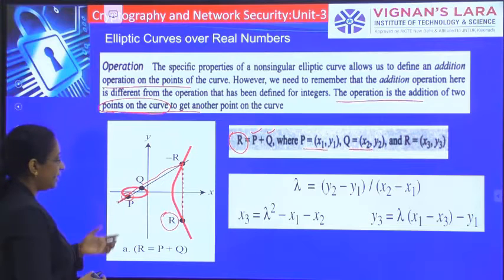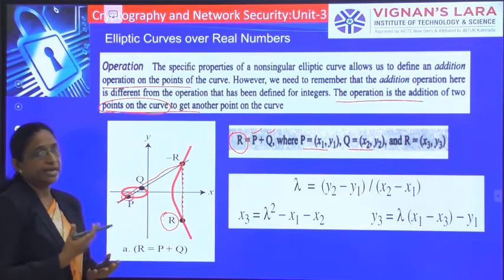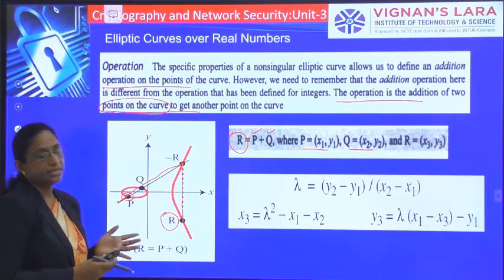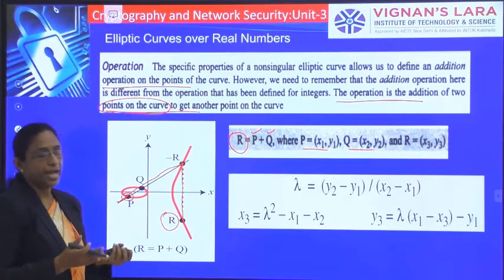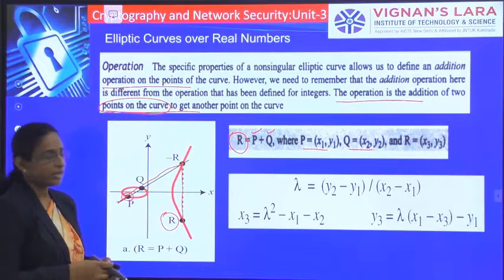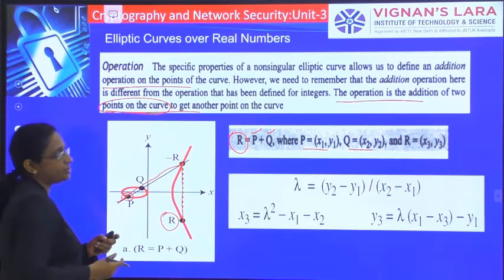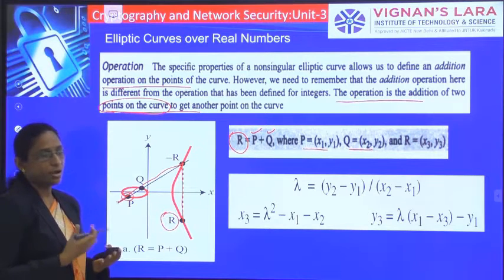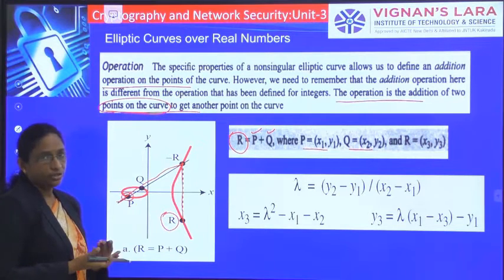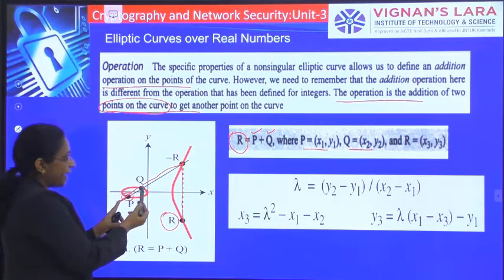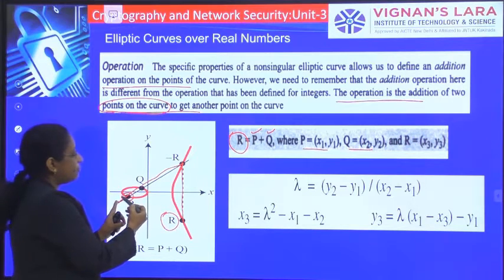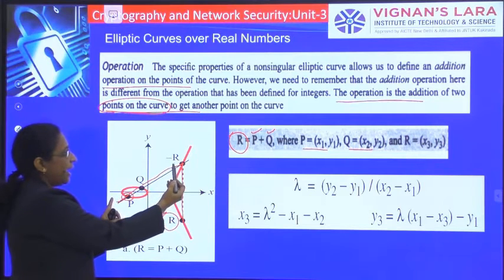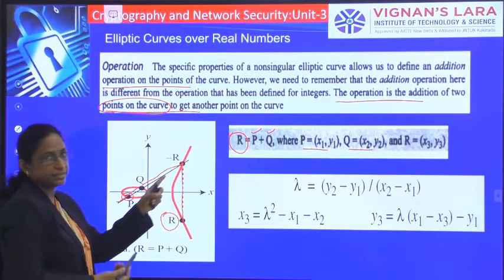So what is your P plus Q? Here the addition operation is different. In elliptic curve cryptography, if you want to add 2 points on the curve, it is not a simple addition. If you want to add these 2 points, you have to draw a tangent line that goes through these 2 points, such that it intersects the other curve.